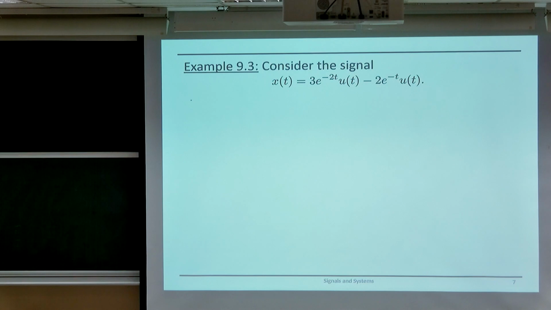If we take the Laplace transform of this, we get the integral of 3 e to the minus 2t u of t minus 2 e to the minus t u of t, times e to the minus st dt.